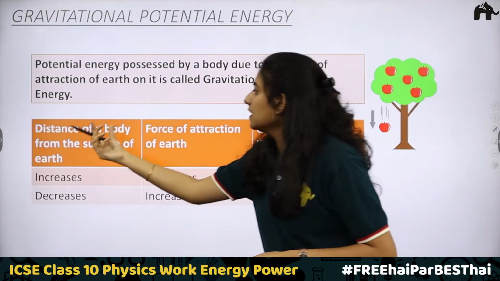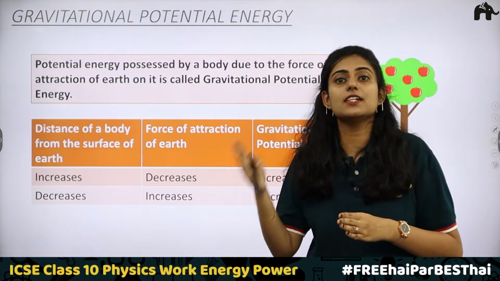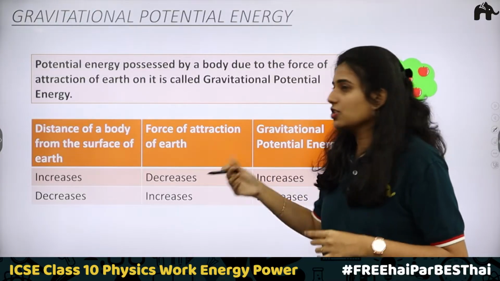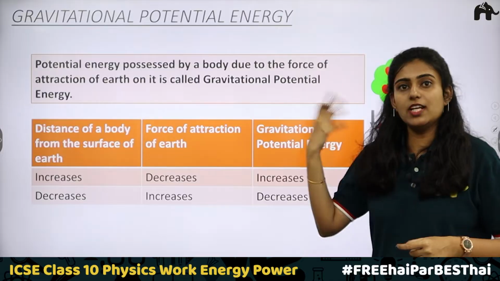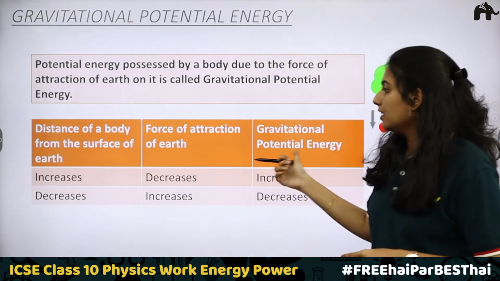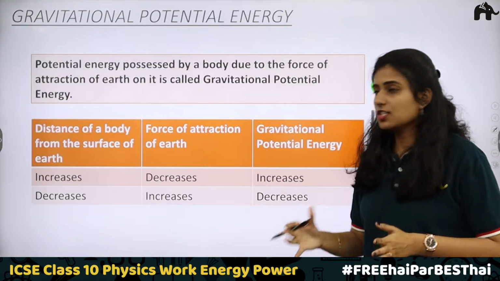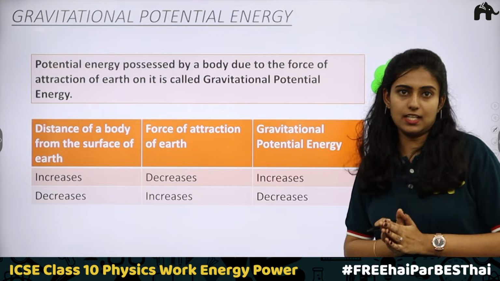Now, when the distance of a body from the surface of Earth increases, the force of attraction of Earth decreases. In that case, gravitational potential energy will increase. Similarly, when the distance decreases, the force of attraction of Earth will increase and then gravitational potential energy will decrease.